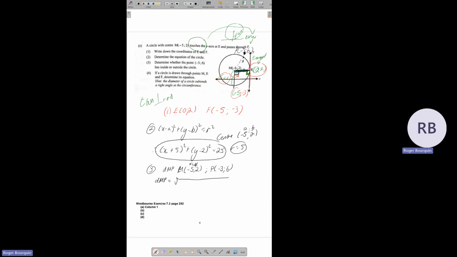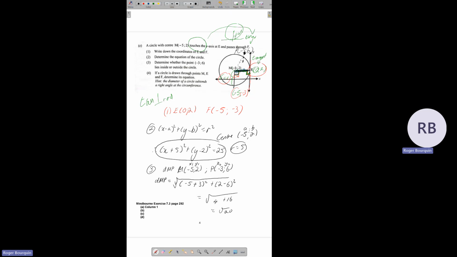It's going to be x1, y1, x2, y2. The formula says it's x1, which is -5, minus x2, which is -3, so -5 plus 3, squared, plus y1, which is 2 minus 6, squared, which gives you -2 squared is 4, -4 squared is 16, so I get the square root of 4 plus 16, which is equal to the square root of 20.